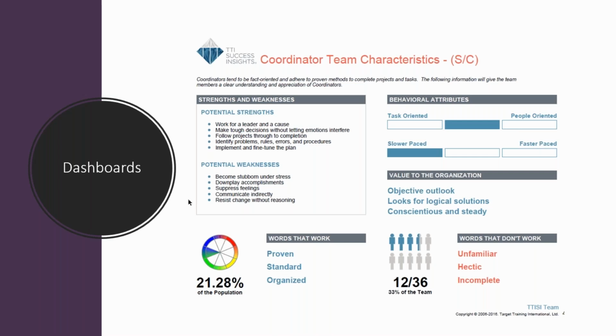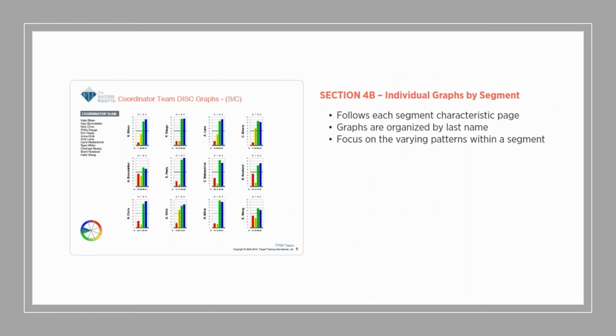And then there's another page after the dashboard, which has everybody's scores who are coordinators or directors or whatever they are. And this is a great tool to have before you come in and do a workshop.